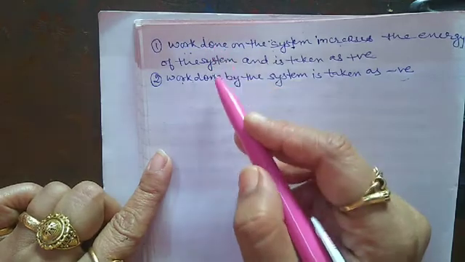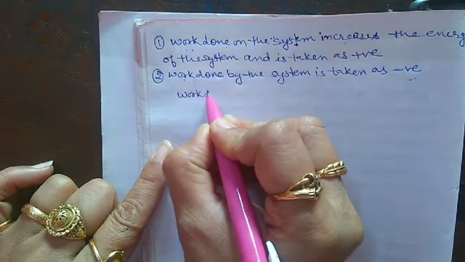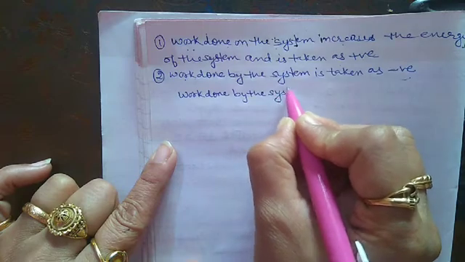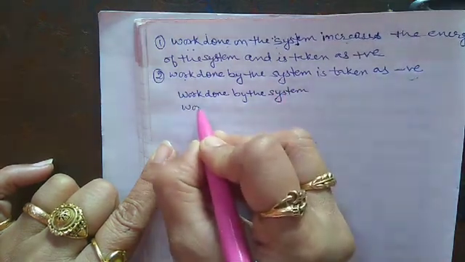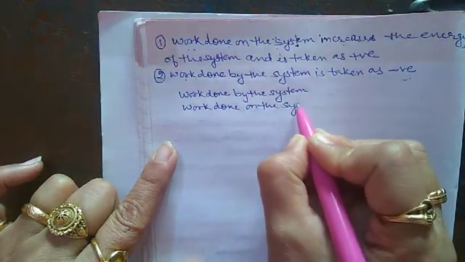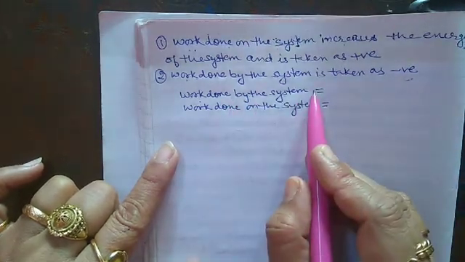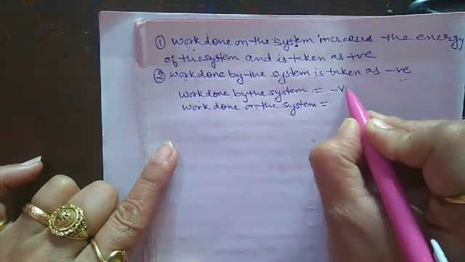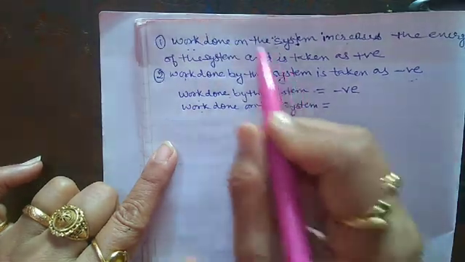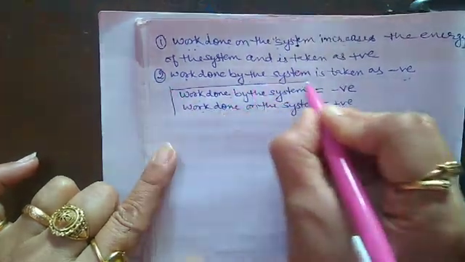So from these two statements, we have two conclusions. Work done by the system is negative, and work done on the system is positive.